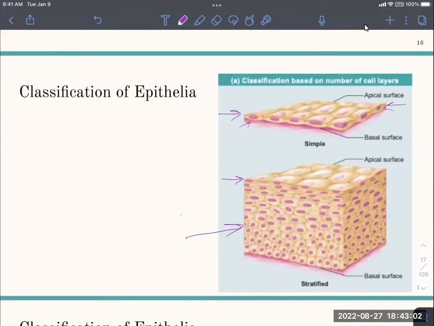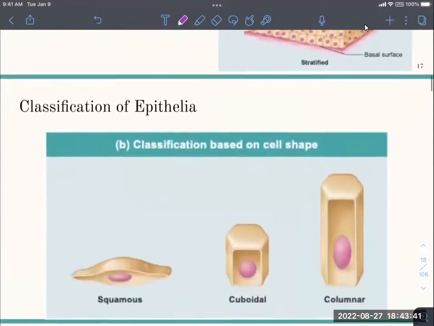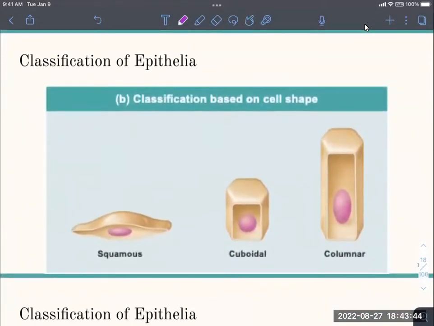That apical surface tells us it's stratified, but we also know, because that very top layer is squamous, that we have stratified squamous epithelium, versus the top one, which is simple. The cells are also flat, so they are squamous. So we have simple squamous epithelium up on top and stratified squamous epithelium on the bottom. So here's another example showing the different kinds of cells.